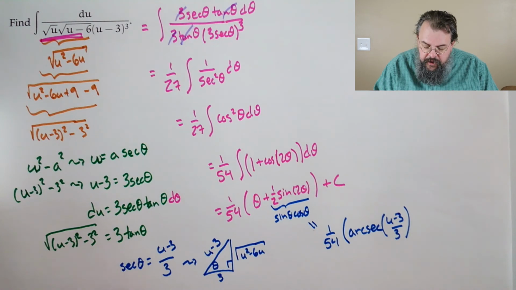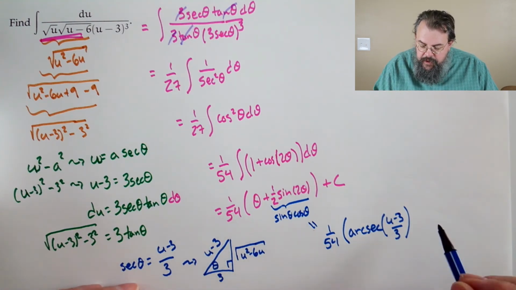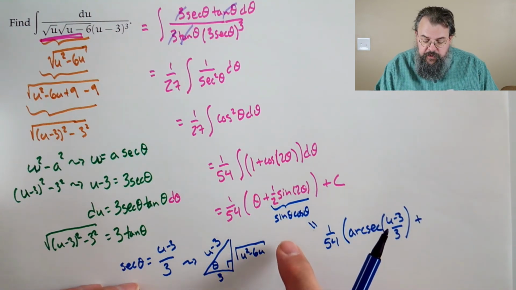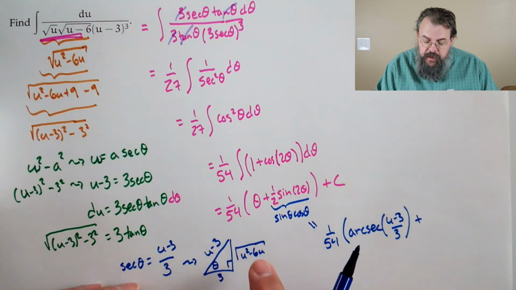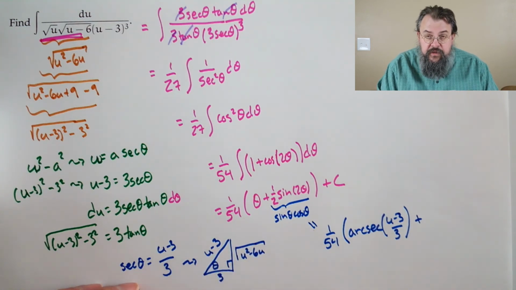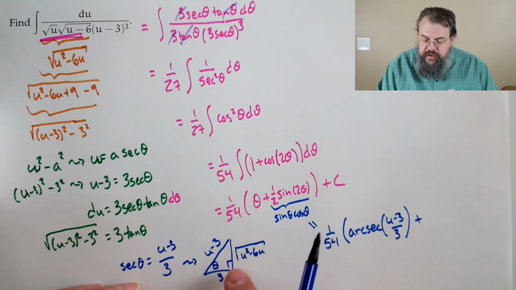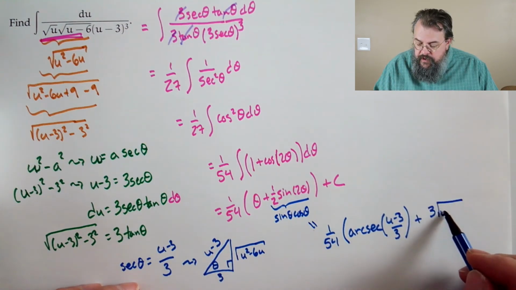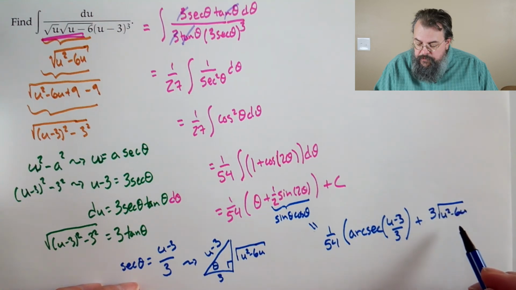Okay, and now that's that term, and then plus sine of theta times cosine theta. Well, sine of theta would be opposite over hypotenuse. Cosine of theta would be adjacent over hypotenuse. So when we multiply them together, we're going to have in the numerator the opposite and the adjacent side multiplied together, so 3 square root u squared minus 6u.